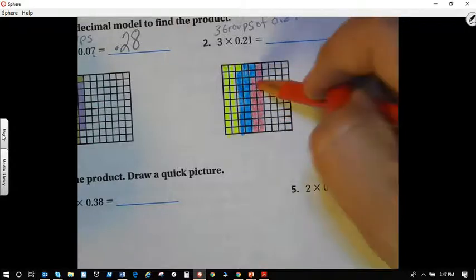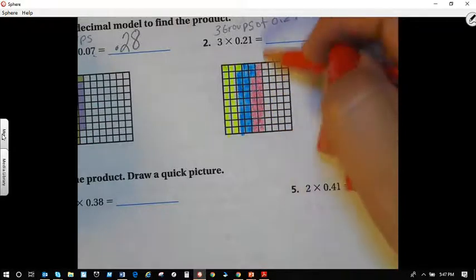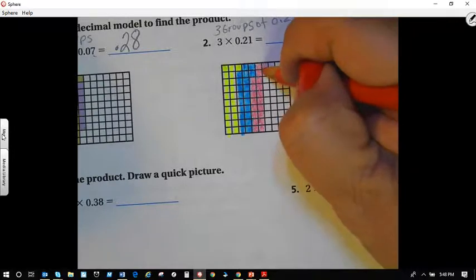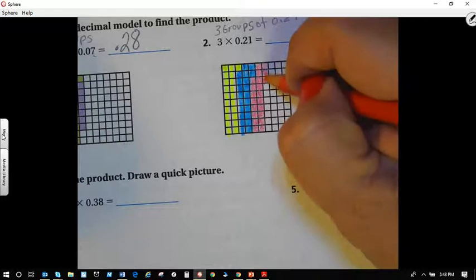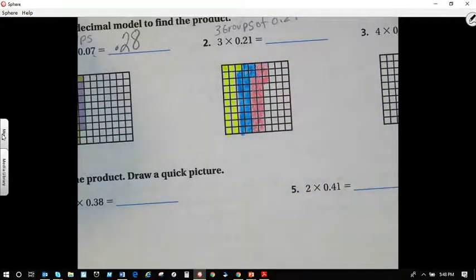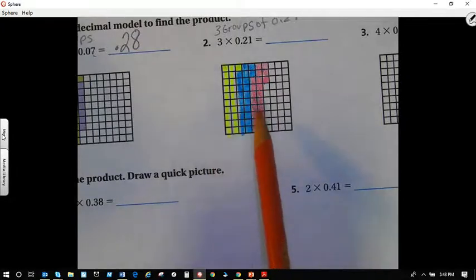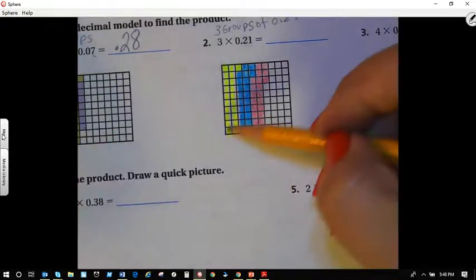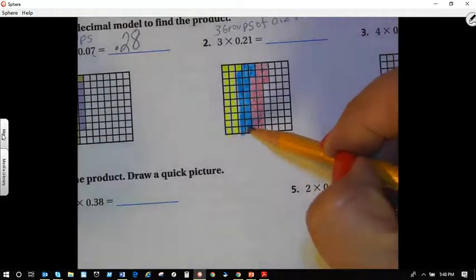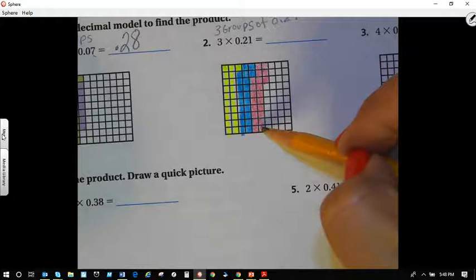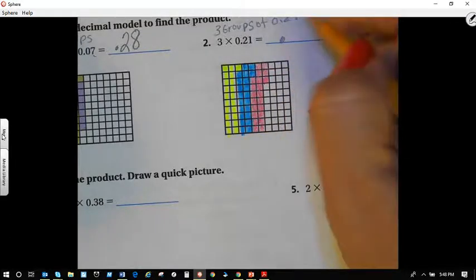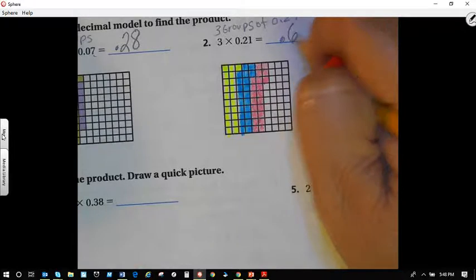So I have 8 plus 10 is 18, 19, 20, and 21. Okay, so now I'm representing 3 groups of 21. The total amount that I have then is 10, 20, 30, 40, 50, 60, 1, 2, and 3. So it is 63 hundredths.